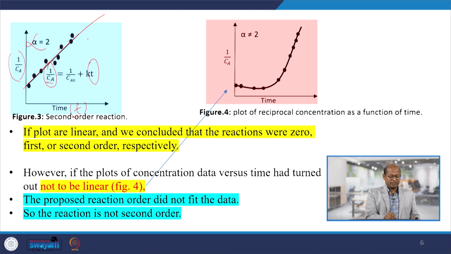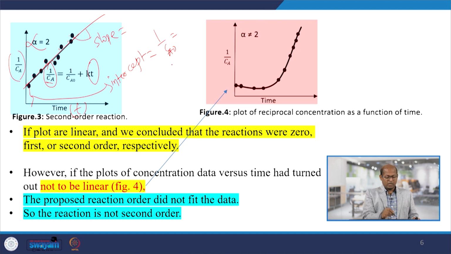Then we can get the slope and the intercept also. Once we know the intercept, that would be the value of 1/CA naught. So, from here we can get CA naught, and from the slope we can get the k value.